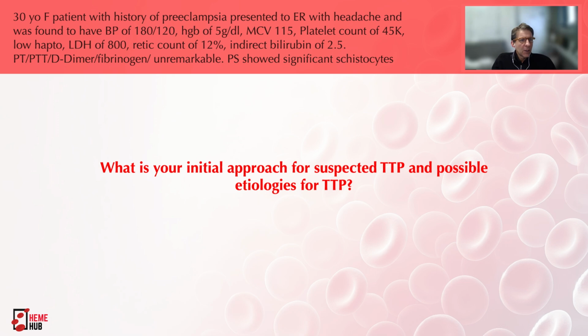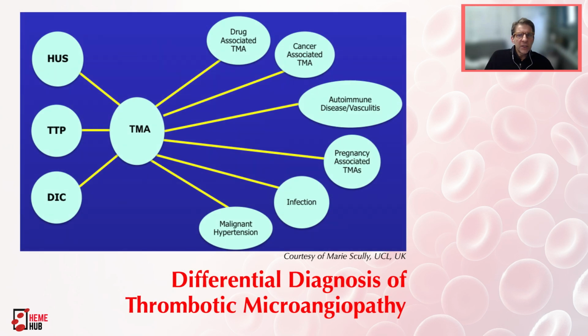Thank you, Taha. I think this is a perfect slide because this is a classic TMA presentation. It's not a classic TTP presentation, but it's important to think about these terms and what they really mean. The first is thrombotic microangiopathy. In the classic sense, it's used to describe a pathological finding on a biopsy, usually a kidney biopsy.